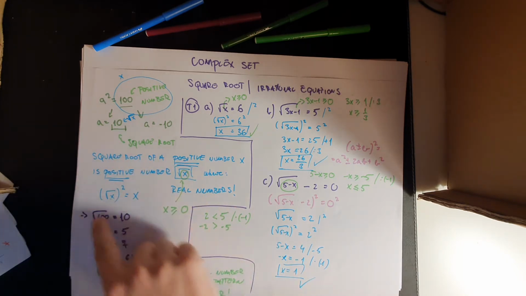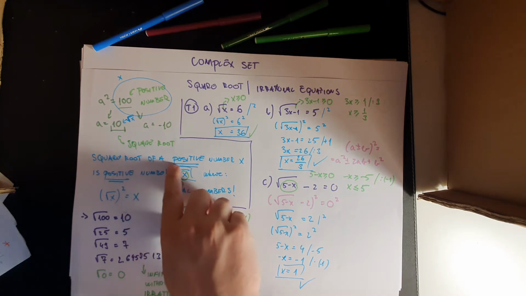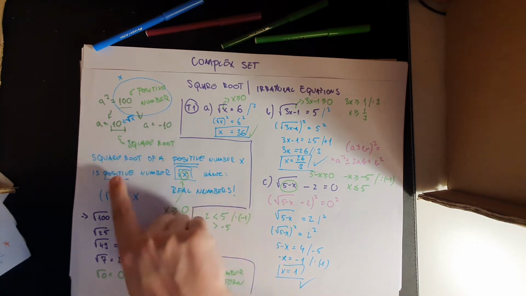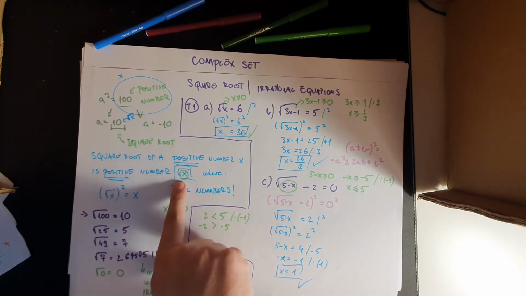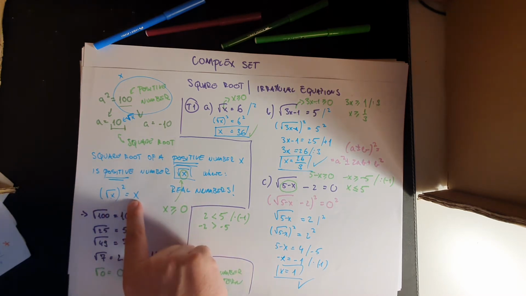Now, there is an issue with this definition. The issue is that we're looking at the square root of a positive number x, which is a positive number square root of x, where square root of x squared equals x.